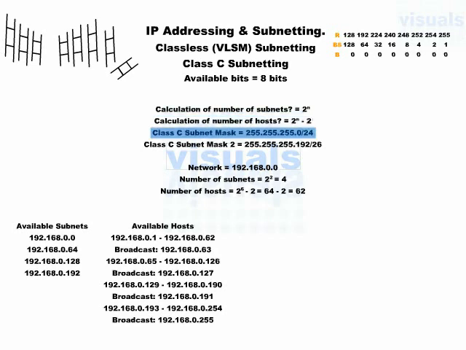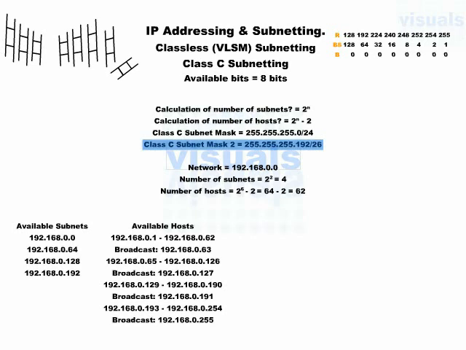Now this is our default class C subnet mask, and in our previous example we used 1 bit for our subnet. This time I'm going to use 2 bits for subnet. Now this results in .192.